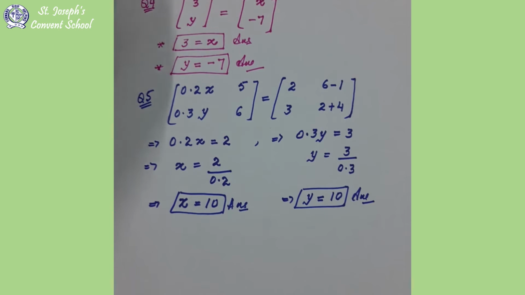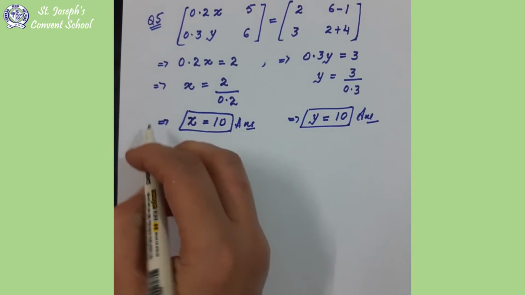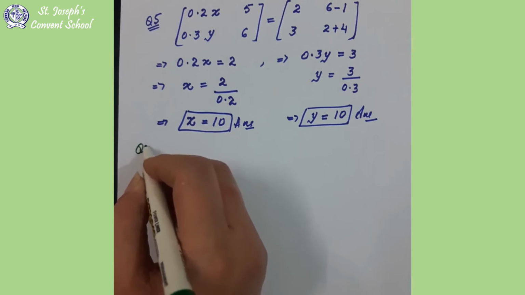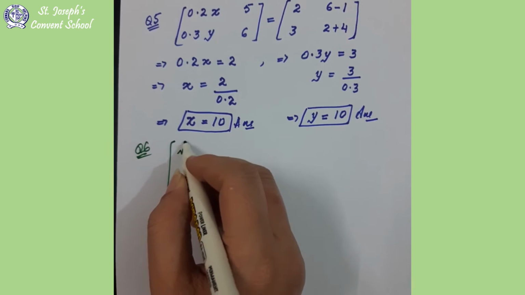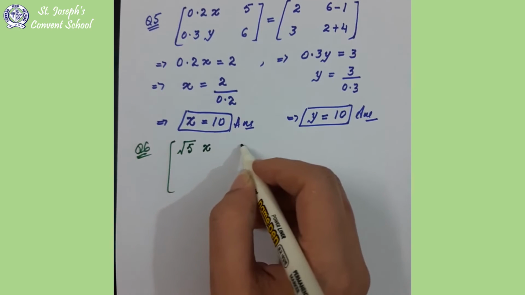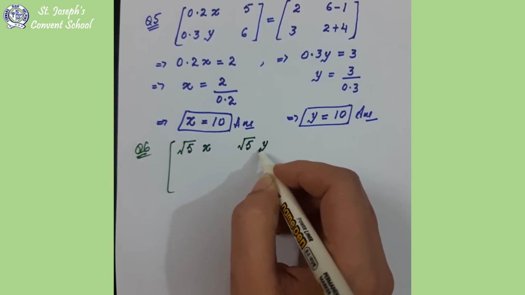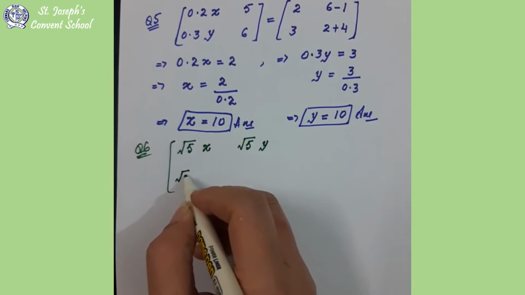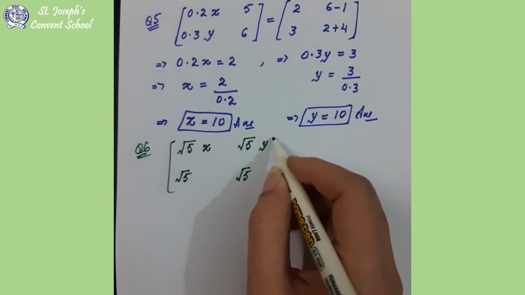Now question number 6 I'll do. Question number 6. In this question, root is given. Under root 5, x is outside the root, then under root 5 and y is outside the root, then under root 5 and under root 5, okay.